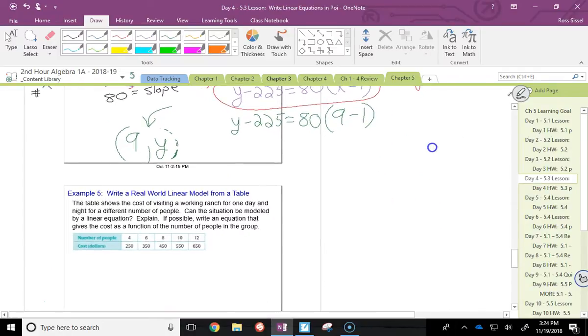And we're going to solve this equation. y minus 225 equals 80 times 9 minus 1, which is 8. y minus 225 equals 80 times 8, which is 640.